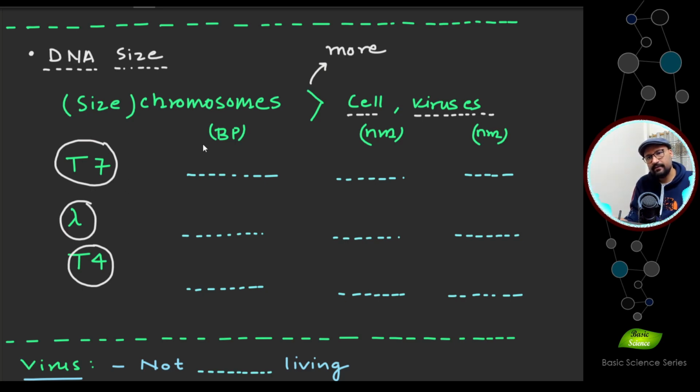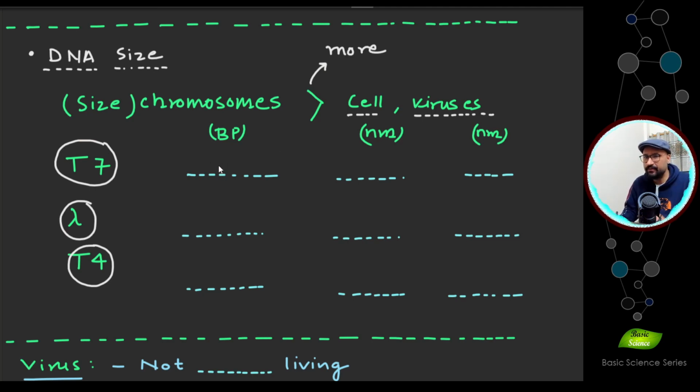Now, we'll look at the size of the DNA inside those virus particles, compare the nanometer length of that DNA, and compare the length of the virus or the bacteriophage. You will be surprised by all those numbers. Obviously, I'm not going to remember them, so I have to look into my notes.